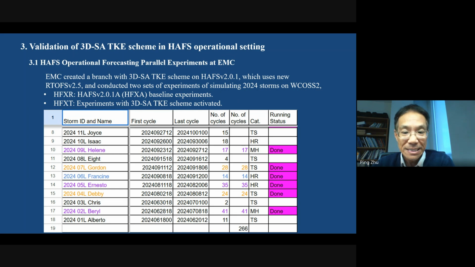They are exactly the same, except that HFXT activates the 3D scale-aware TKE scheme. The table here summarizes the simulated 2024 storms in the Atlantic Basin, in total 266 simulation cycles. Next.